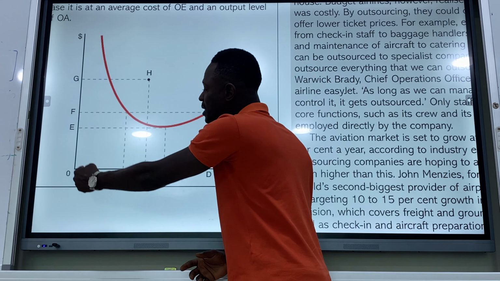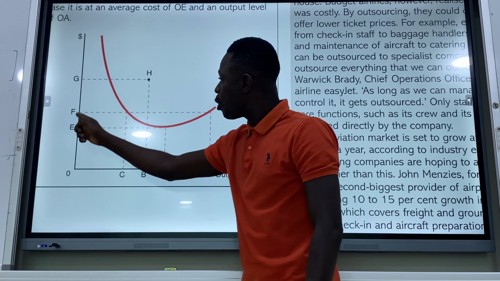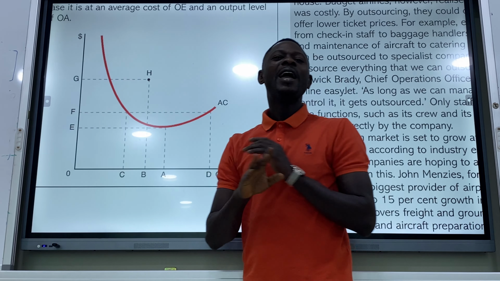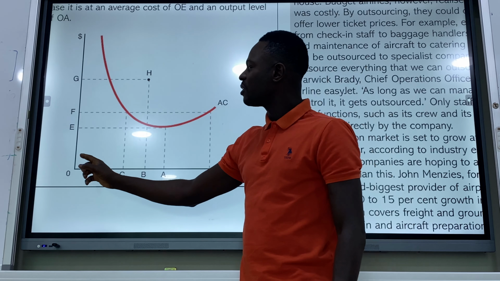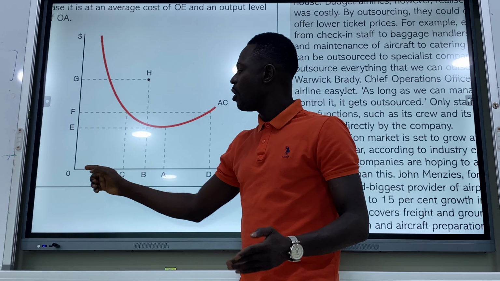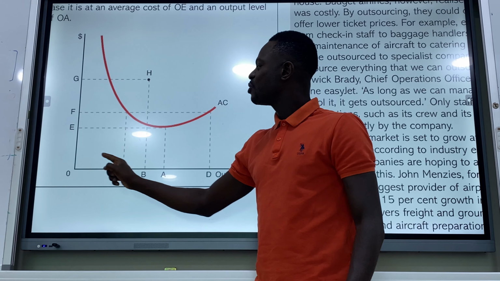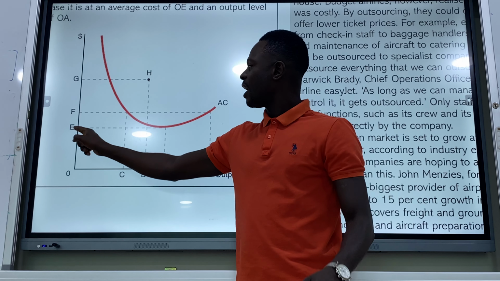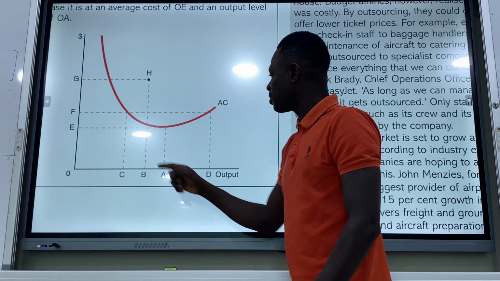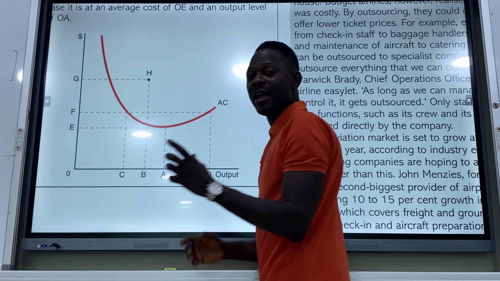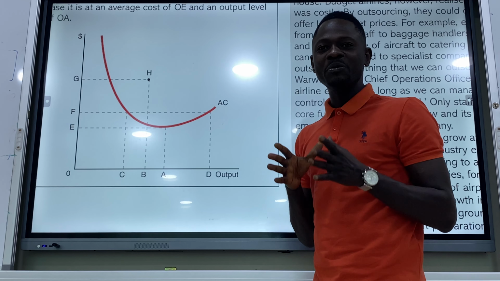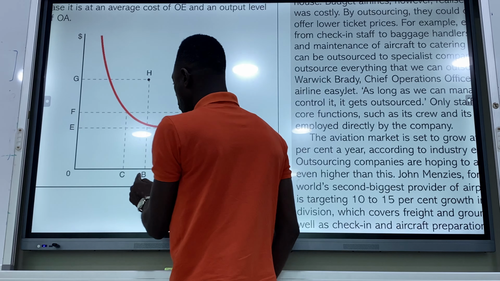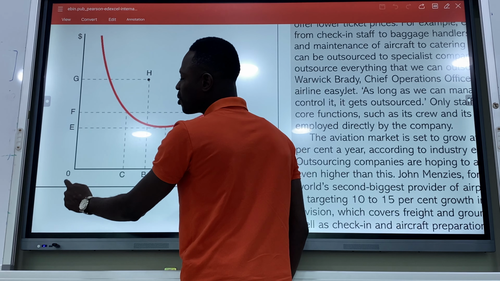And if a firm is operating at its lowest output and it's at OF, not at OG, there's no X-inefficiency. It is difficult for a firm producing at OC to have the lowest possible cost at OE. It needs expansion. So if a firm has to exploit economies of scale, it has to operate at OB to have a reduced cost at OE.